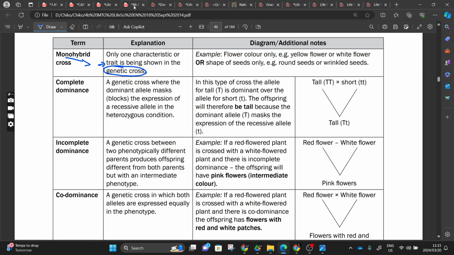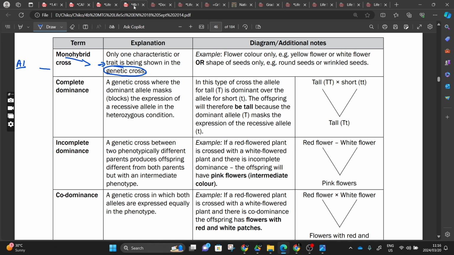Like for example, hair color. That's one trait. Or let's say a cow's coat. That is a trait. So you might find a father and a mother, and under that coat, at a specific locus, the father has two alleles there.